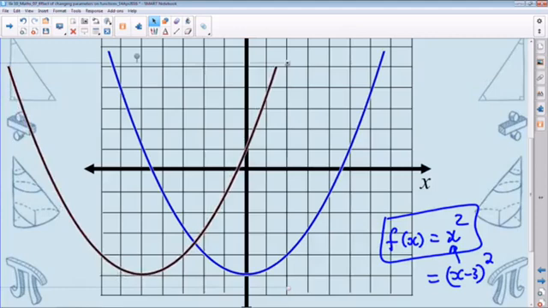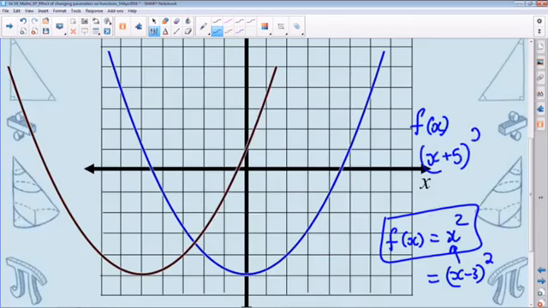So what you're going to say is this is f of x, and the new function is going to be x plus 5 all squared. Looking at the inside, x plus 5 all squared, x is equal to minus 5. So the shifting is at 5 there.